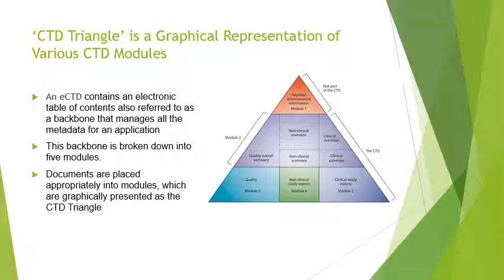This backbone is divided into modules 1, 2, 3, 4 and 5. Various documents required for a submission are placed appropriately in these modules, so its internal structure is represented in this CTD triangle.